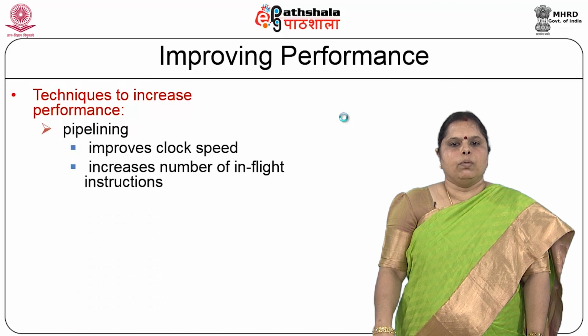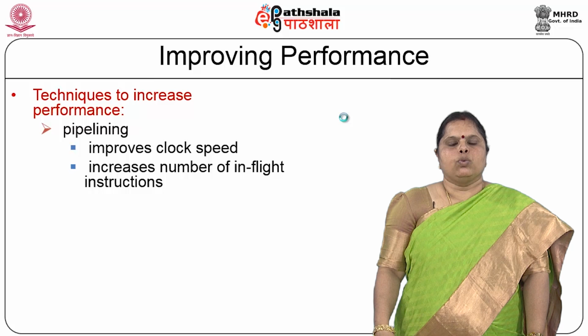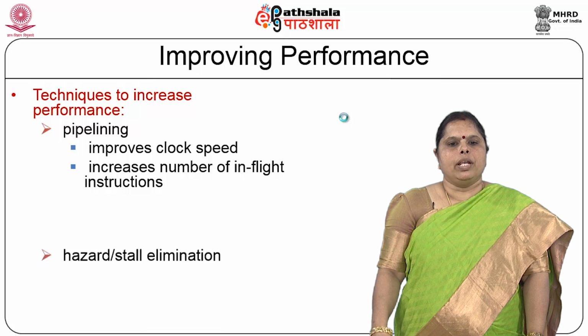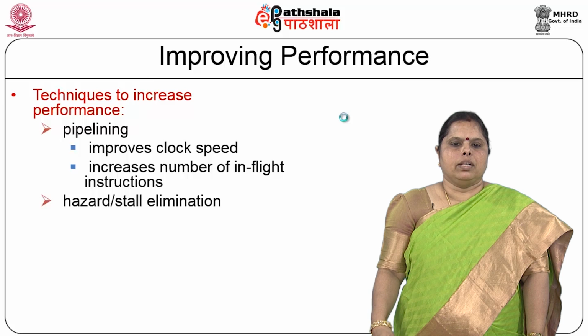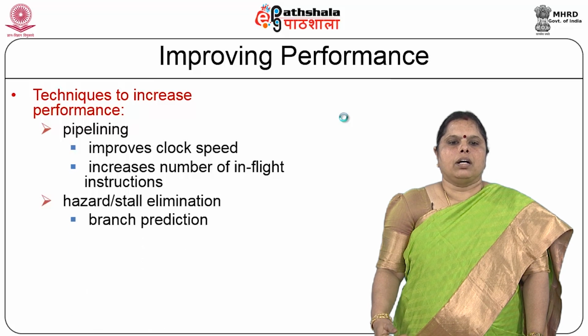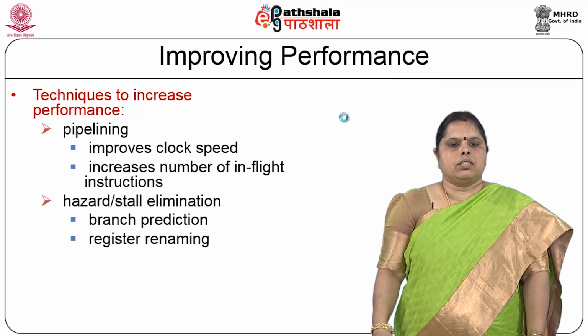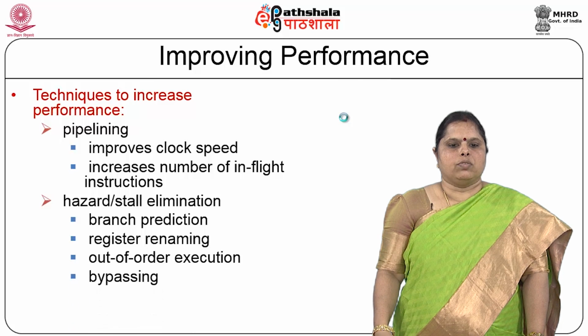In order to improve performance, one of the most important techniques that is used is pipelining. Pipelining improves clock speed. It also increases the number of in-flight instructions. And hazard or stall elimination in pipelining is done by means of branch prediction, register renaming, out of order execution, and also forwarding or bypassing.